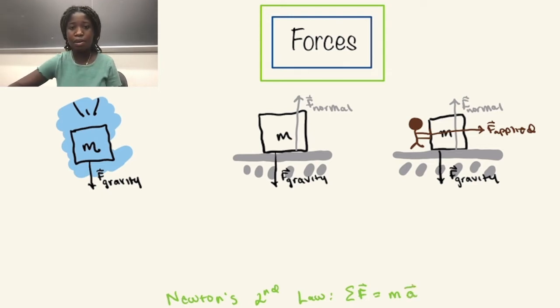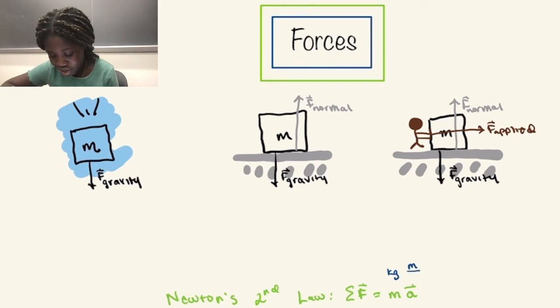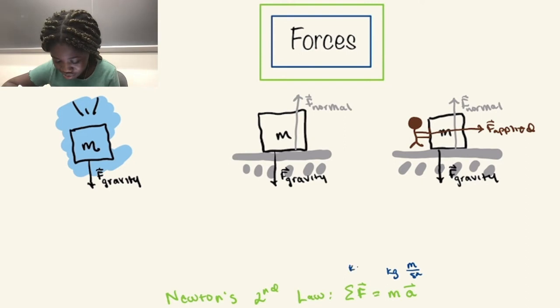And there are arrows above force and acceleration because they both have direction. Now, in terms of units, mass is in units of kilograms, acceleration is in units of meter per second squared, so the units of force are kilogram meter per second squared.